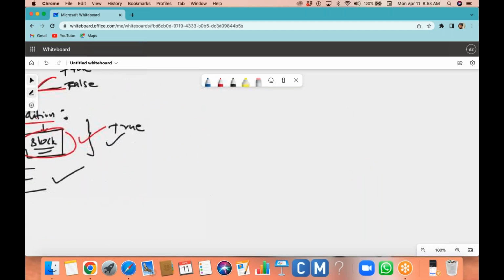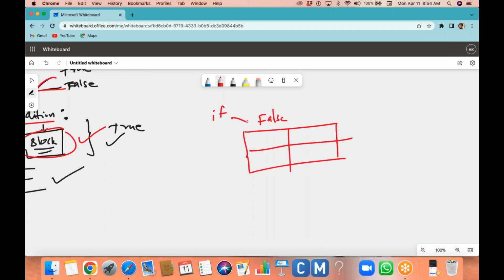Let me write a small table for this one. So for example, the if can return false, or else the if can return true.